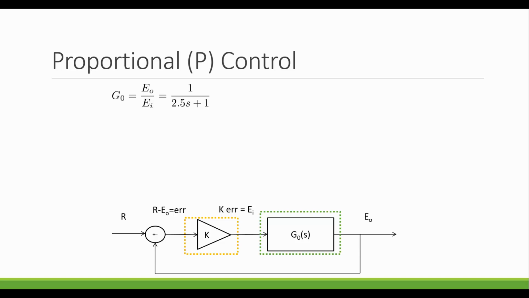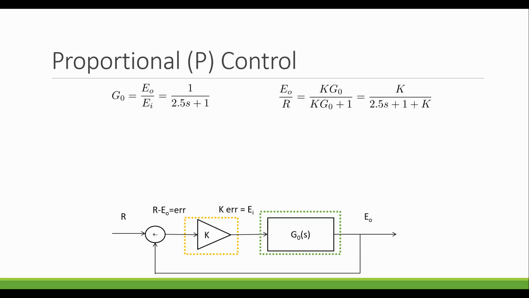So first let's look at a little bit of the math of what the output of this system is going to look like, the E out, since that again is ultimately what needs to be 5 volts. Instead of just looking at the transfer function as E out over E in, like we were before, which still is that G naught, what we're really looking at is, since we are sending in this reference signal of a step function of 0 to 5 volts constant, we want to look at the closed loop system's transfer function.